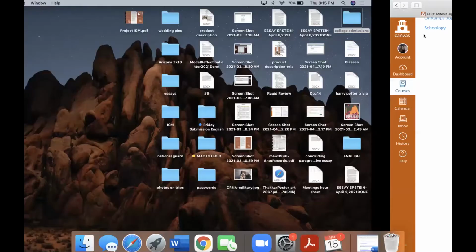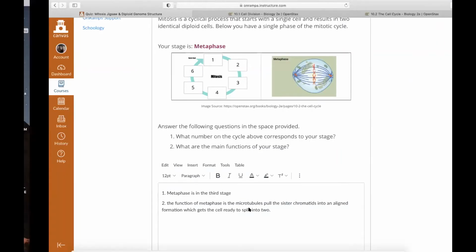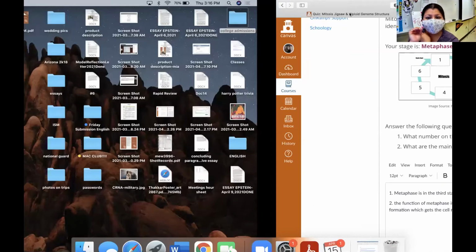Okay, very good. All right, and so just as a side, when you're talking about metaphase, you have your chromosomes lined up in the middle. What's the name for that where it's lined up at the equator? I think it's one of your vocab words.